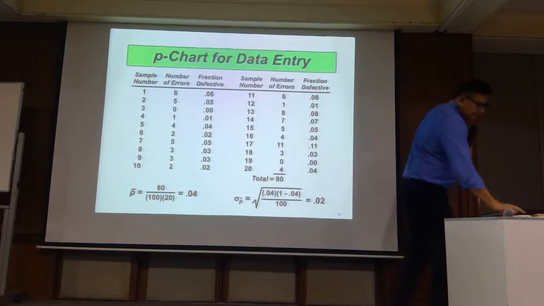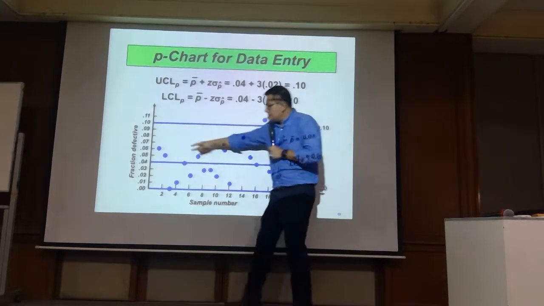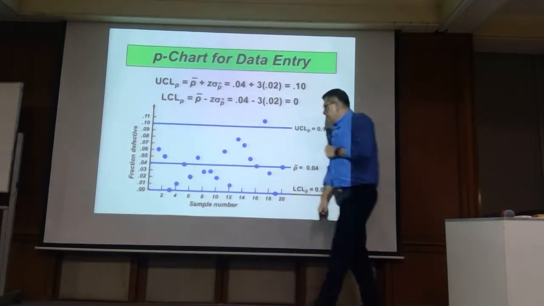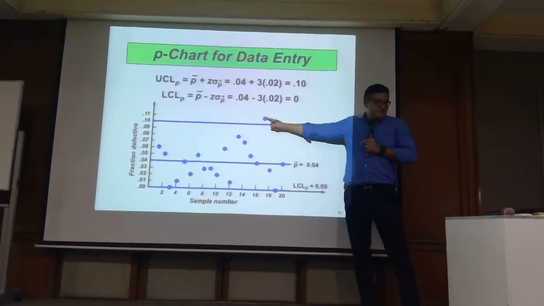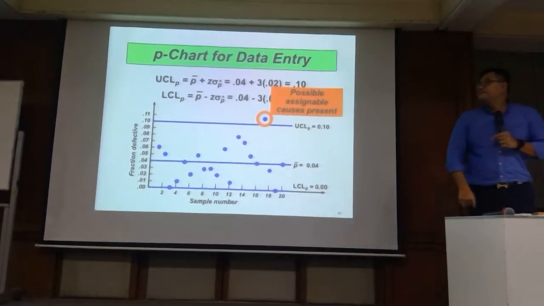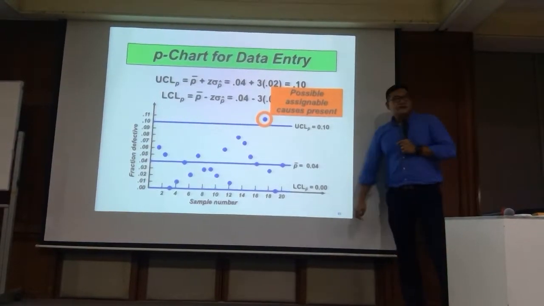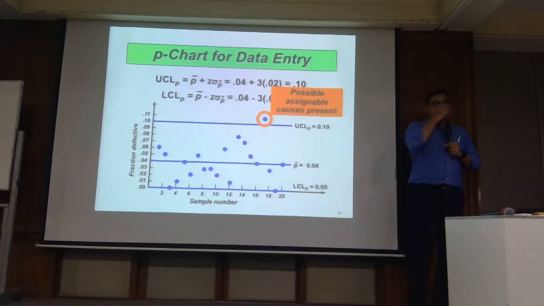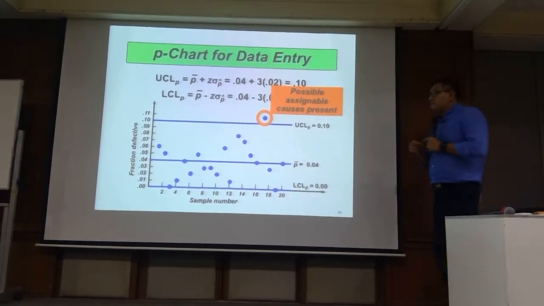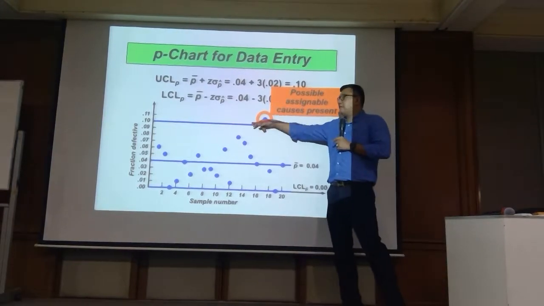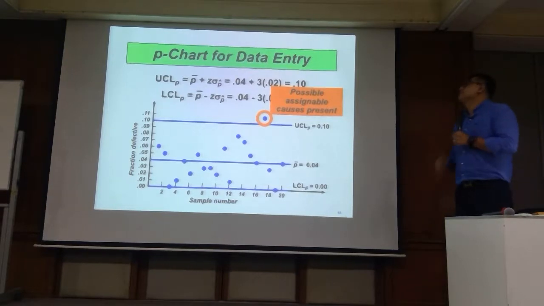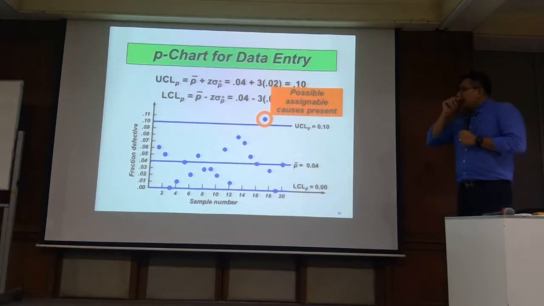And this one is the control limit, right? So we made the conclusion that this process is out of control, because we have one point that's out of the control limit. Okay, so this is the P chart.